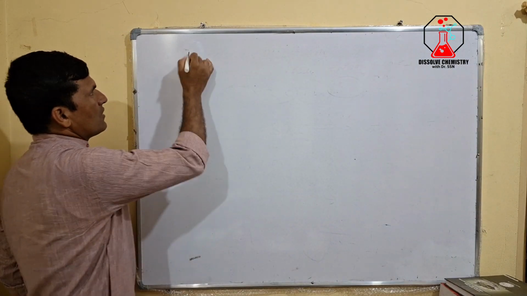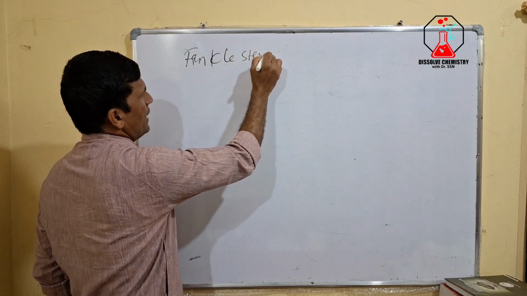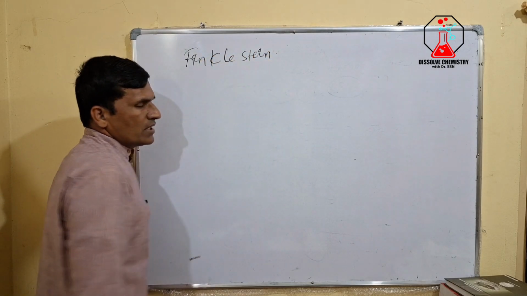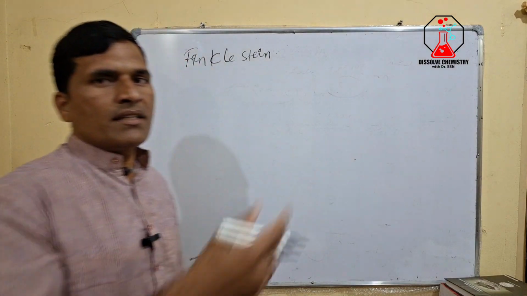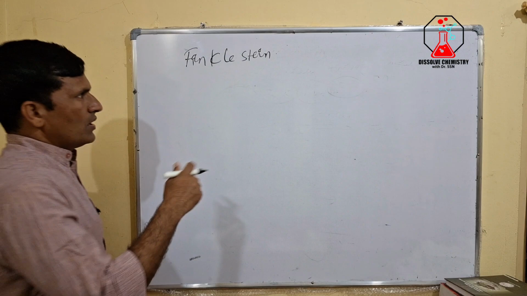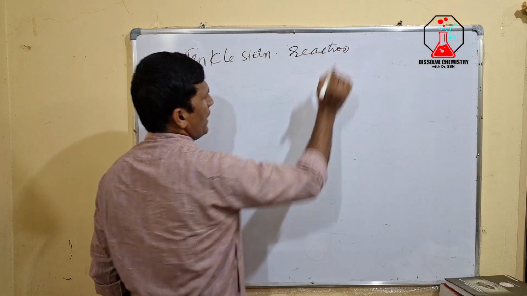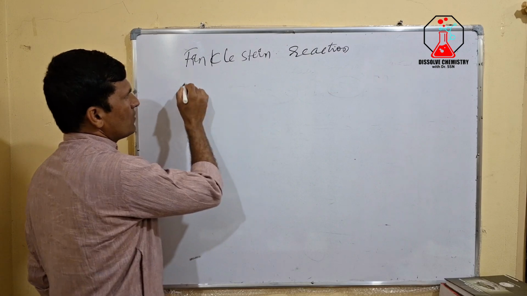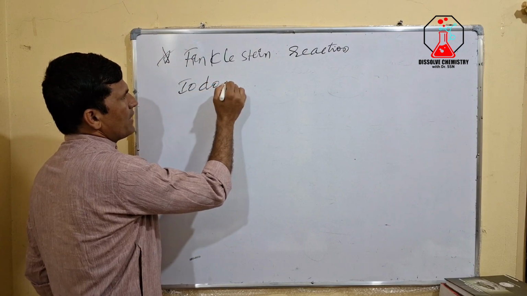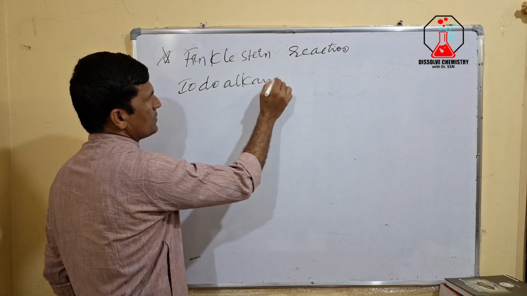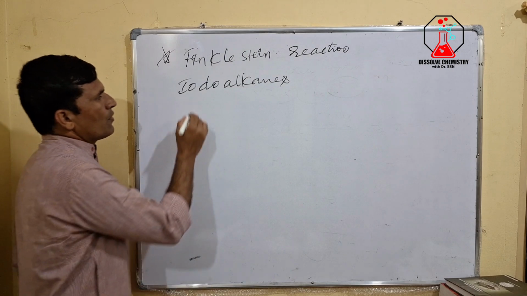Last one, we will take the Finkelstein reaction. Halogen exchange means one halogen is being replaced with another halogen on the carbon substrate, to get the new haloalkane. In the Finkelstein reaction, this method is used to prepare iodoalkanes. Make note of this, important. How is this reaction brought about?